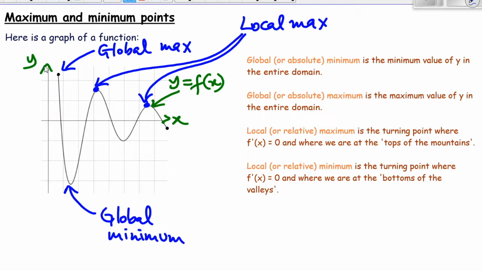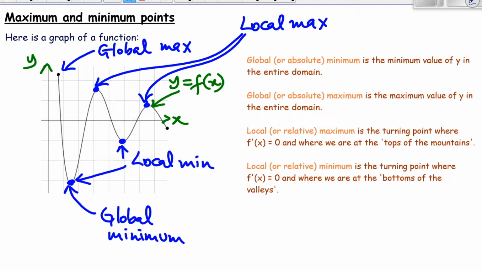We also have the local minimums, and this is the turning point where the gradient is equal to 0, or the slope is equal to 0, and where we are at the bottom of the valleys. So the bottom of the valleys will be these 2 points, here and here. This is called local minimums.